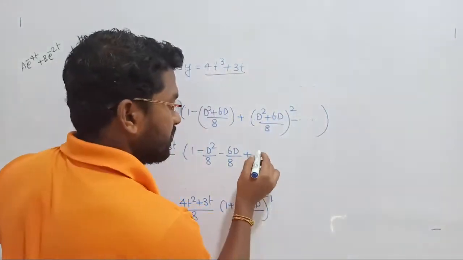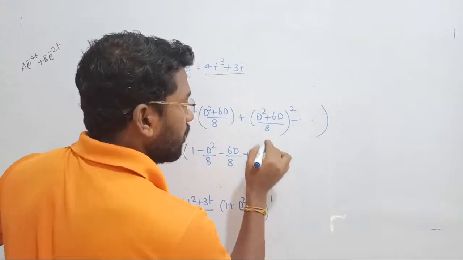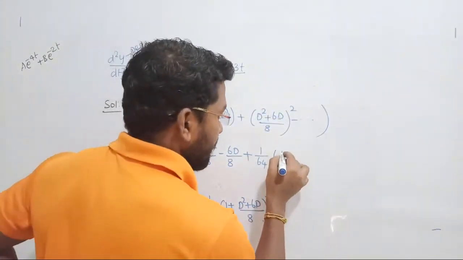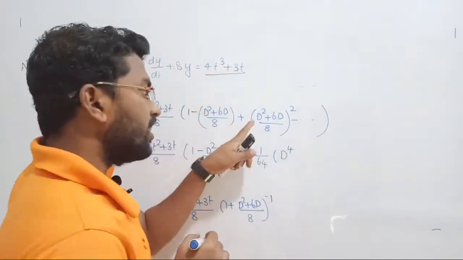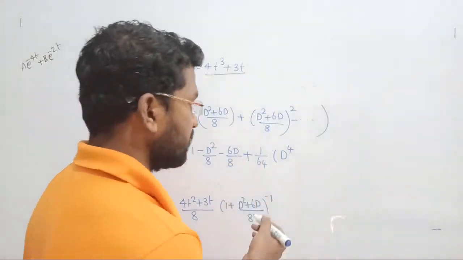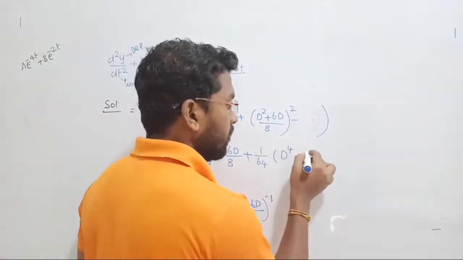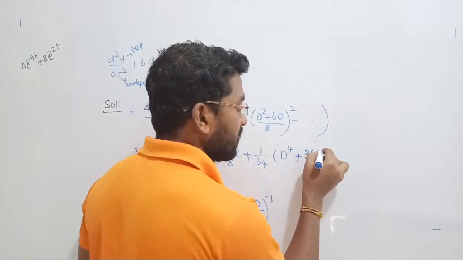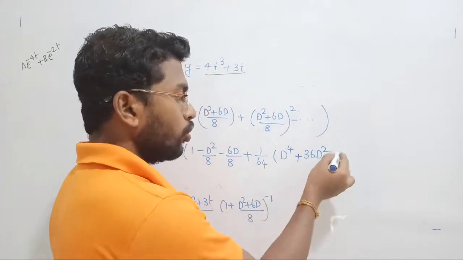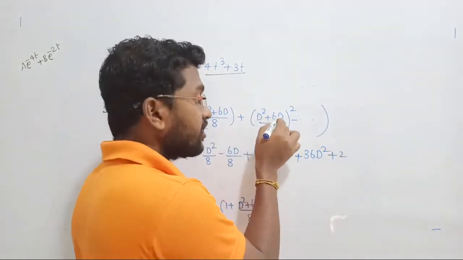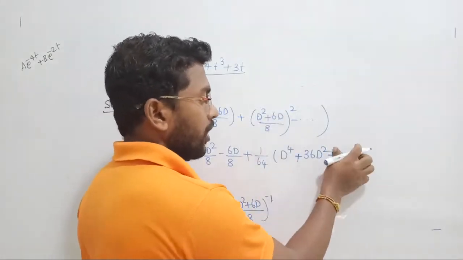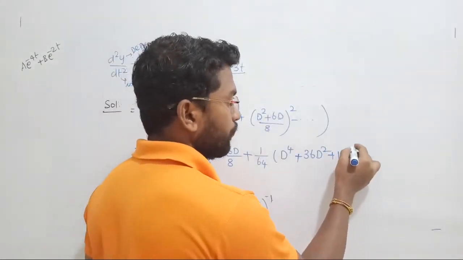If you square 8 it is 64, which you can take outside. See, this is in the a plus b whole square format. So what formula comes? a square, that is d square whole square, that is d power 4, plus b square, 6 squared is 36, d squared is d square, plus 2ab. 2a is d square, b is 6d, so d square into d becomes 6 d cube. 2 into 6 becomes 12, so it becomes 12 d cube.